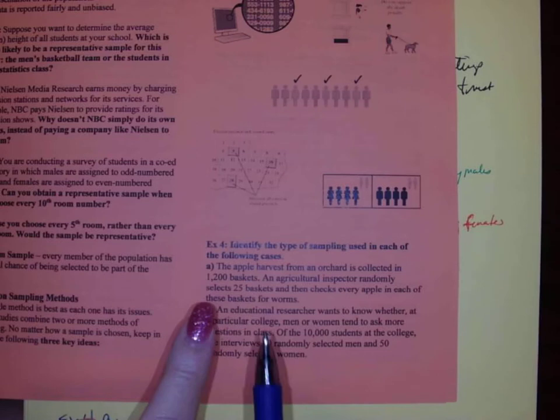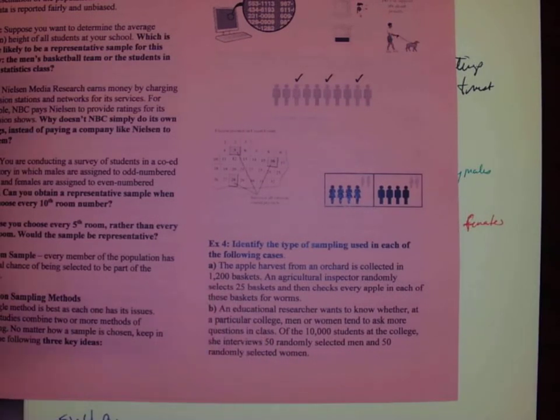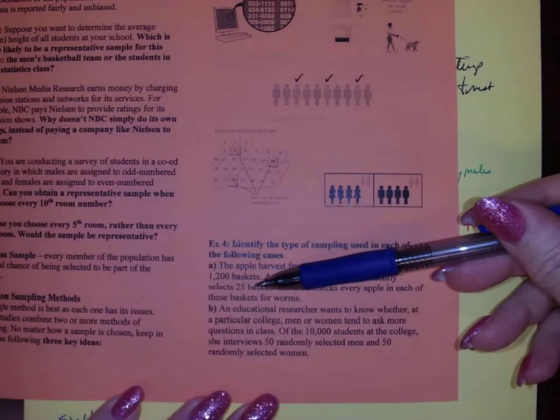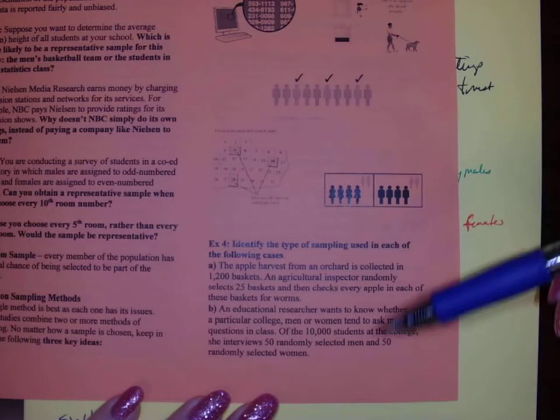All right, so they broke it up into 1,200 baskets. So that would be like groups, right? We've got all these baskets. Then they selected 25 of the baskets and then checked all of them.